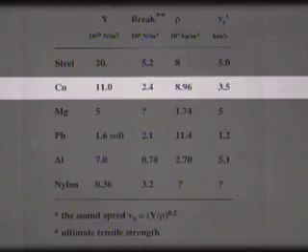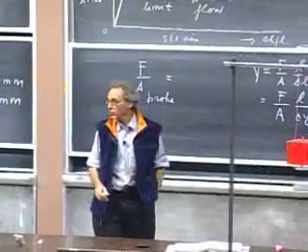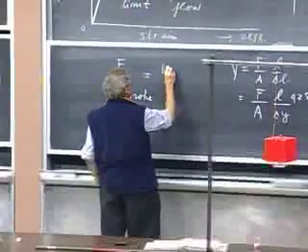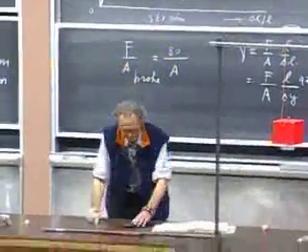We can also measure the ultimate tensile strength. In other words, we can measure the value for F over A when it broke. So that happened, I think, wasn't that 8 kilograms? So that would be 80 divided by the area that we know.